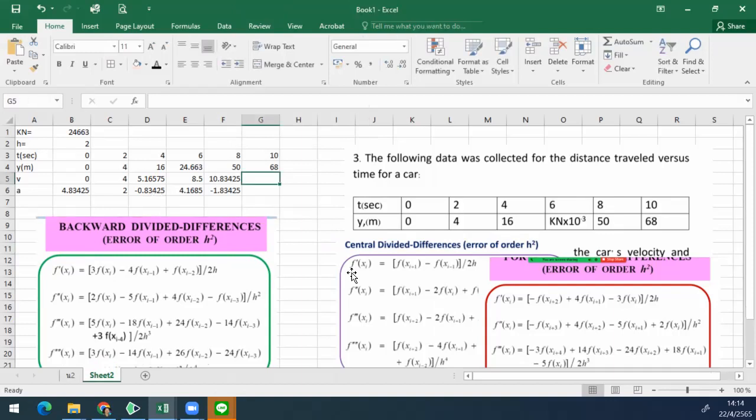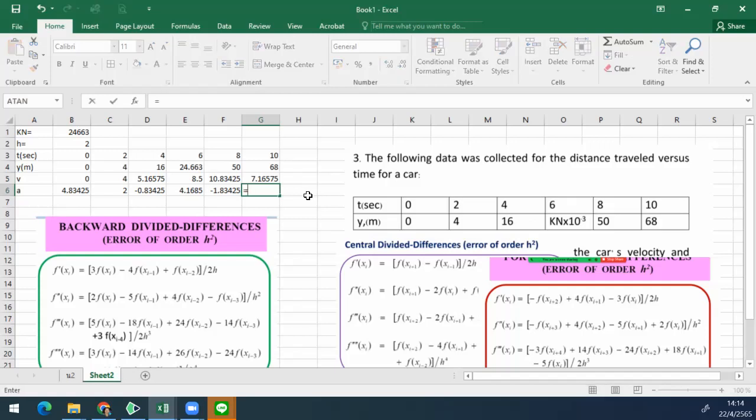For the first derivative, it becomes 3 times f(x_i) minus 4 times f(x_{i-1}) plus f(x_{i-2}), divided by 2h. That is the velocity at the endpoint.